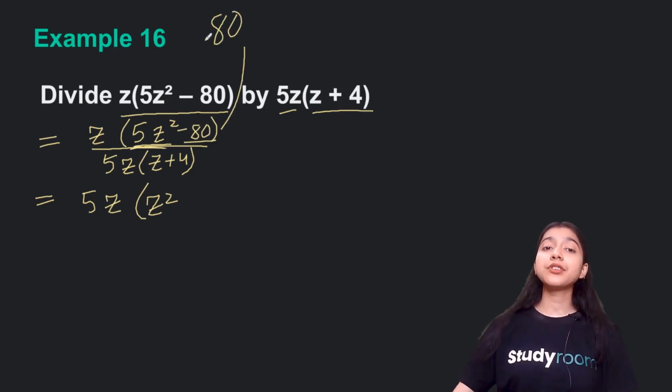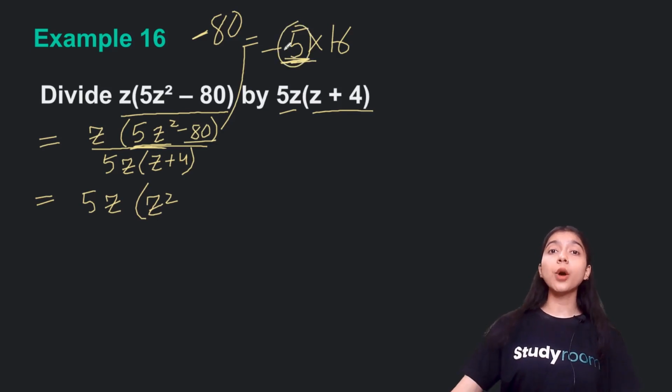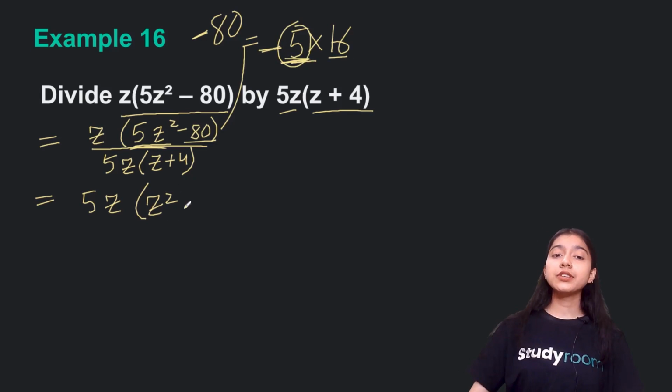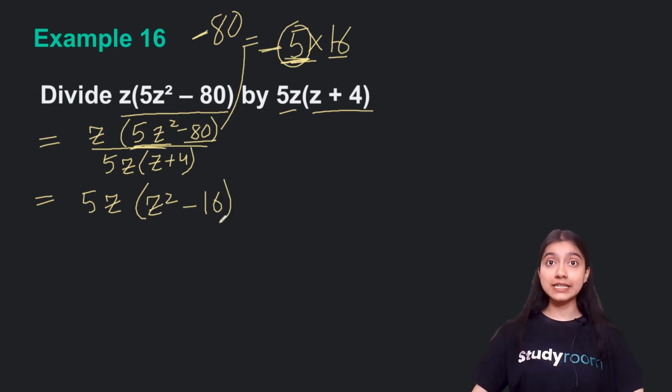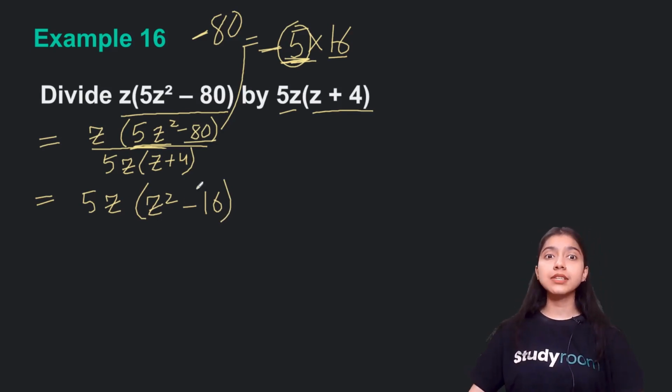This minus 80 can be written as minus 5 multiplied with 16. So when I took 5 common outside, I'll be left with minus 16. I hope you got my point, how I'm getting minus 16. I took 5 common outside and we know that 5 multiplied with 16 gives us 80. So I'm left with 16 over here.